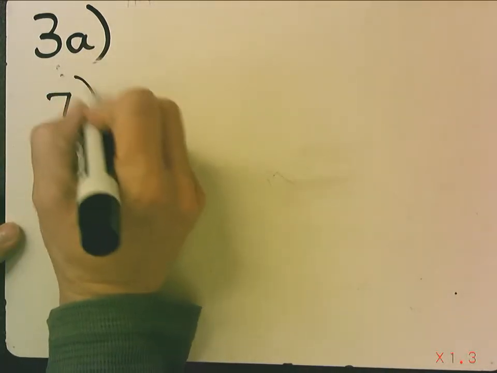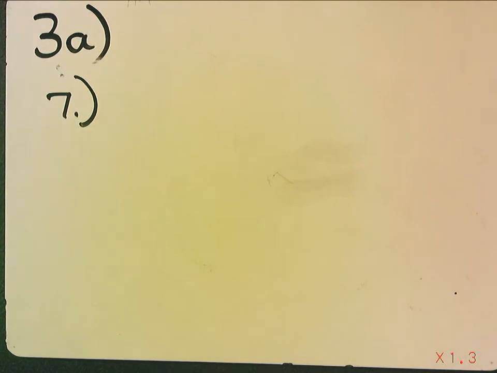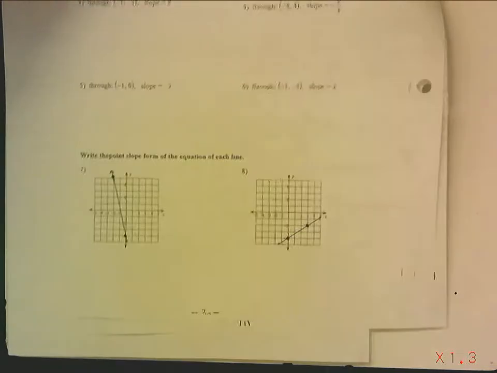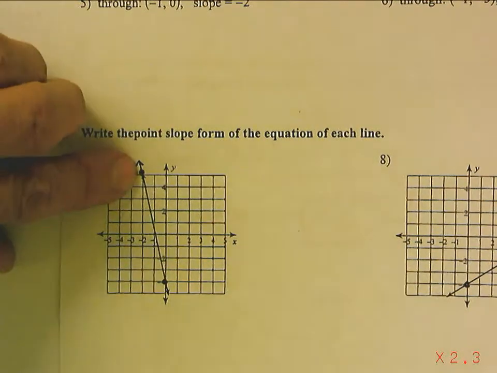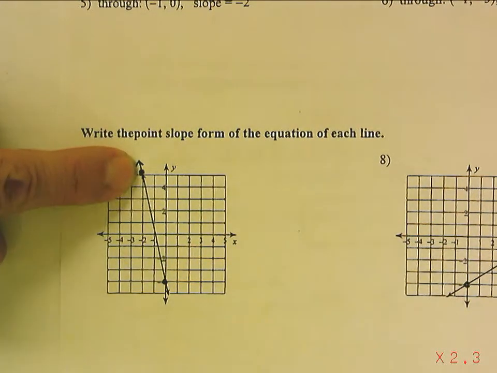So now we're going to jump down to 7, because this is a different type of problem. They actually give us the graph, and they ask us to write the point slope form of the equation from that graph. So now what I need to do first is look at the graph and figure out what that point is.